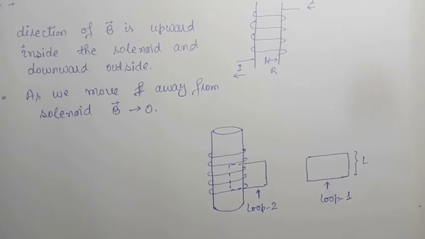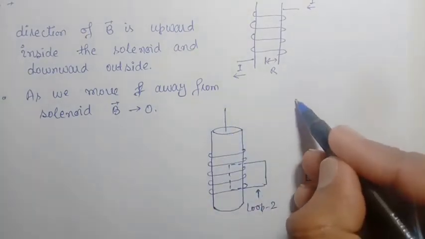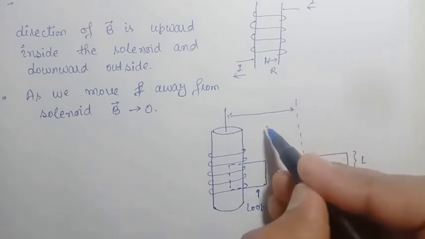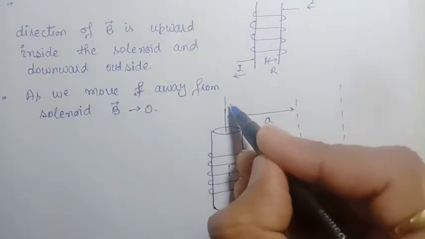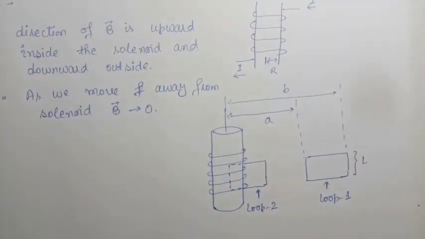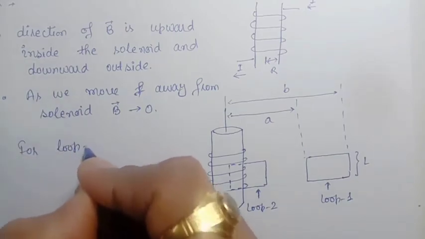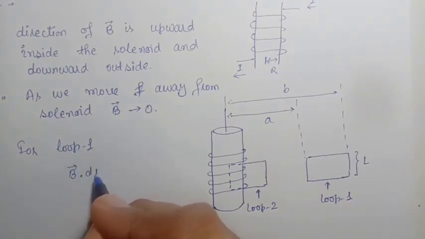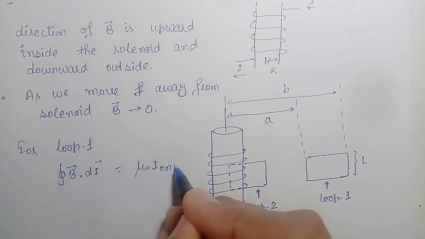Now suppose this is the center point of this solenoid, then the distance of this from this is A, and from this to this is B. Okay, so now for loop 1, again we will apply Ampere's law, that is ∮B·dl equals mu naught I enclosed.